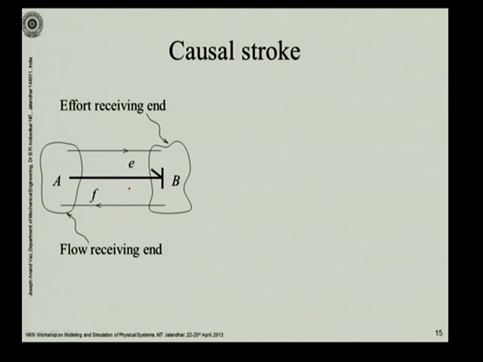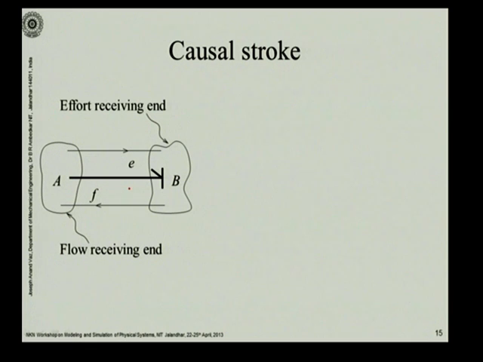This stroke is what we call the causal stroke, and it is placed on the end which receives the effort. As simple as that. Automatically the other end receives flow. So it's a unique way of representing who is providing effort and who is providing flow.